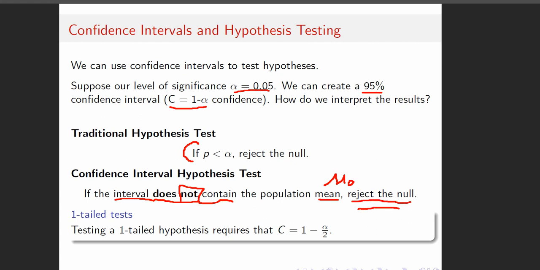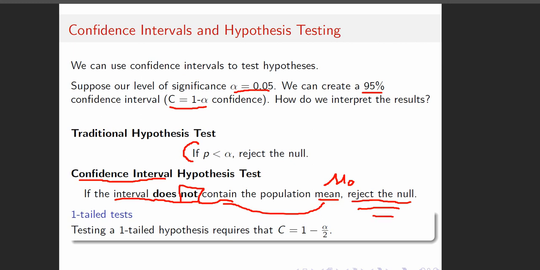The simulation happens in the same place, except rather than doing a simulation inside the t-test and getting a p-value, the simulation happens where we bootstrap that distribution and get the confidence interval. Then we check to see if mu sub 0 is inside the confidence interval, and if it's not, we reject the null.